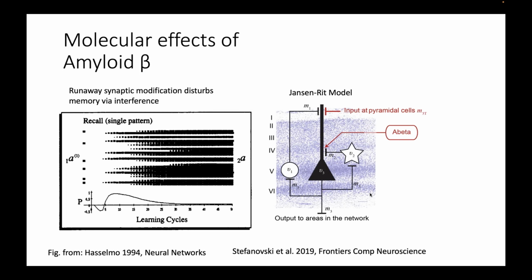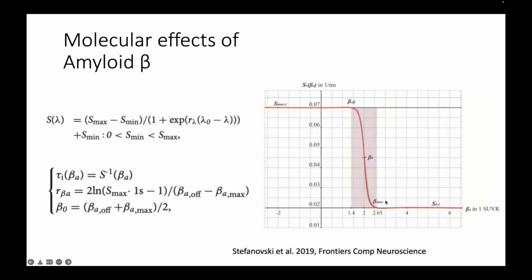This is a phenomenon already described in the 90s called runaway synaptic modification, which expresses that when you have too much excitation and too strong plasticity, you cannot consolidate memory well because of interference. So you always need an inhibitory factor that slows down the activity a bit so that useful memory consolidation can take place. And this was something we also wanted to be part of this model.